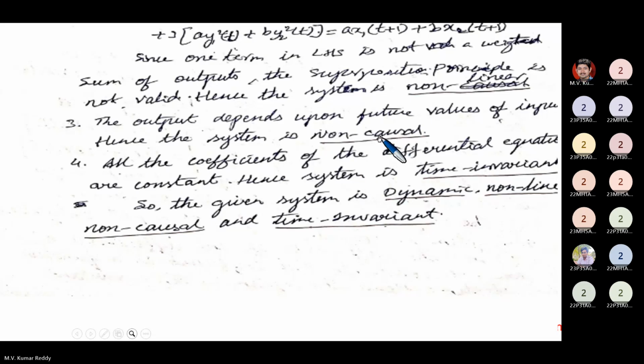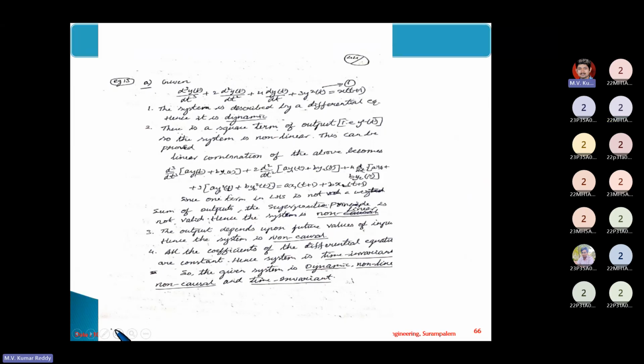Look, I will write here. If we have x of t and x of t minus 1, then this is called causal.